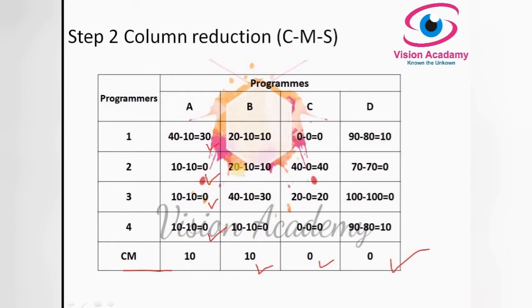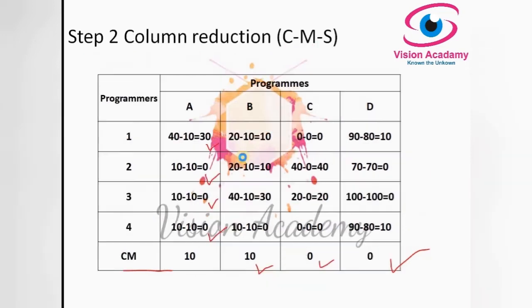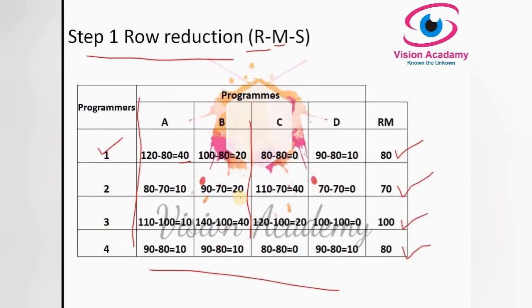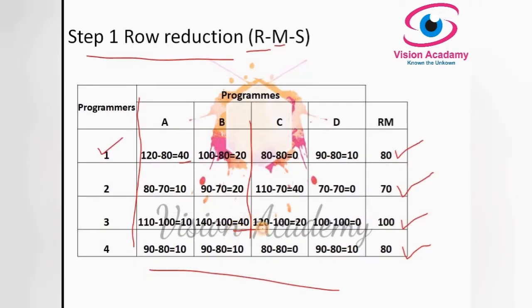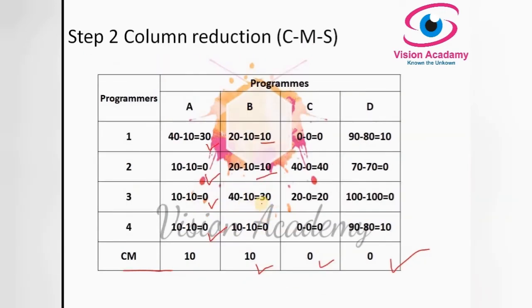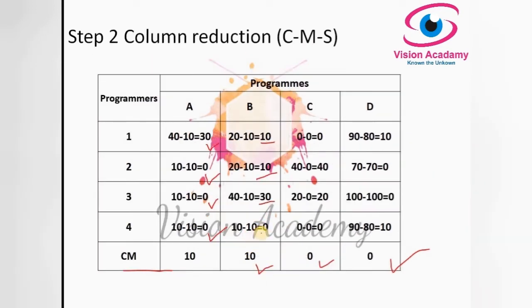So let's go into the second column. In the second column, we have already identified the column minimum, so let's subtract it from the other values. 20 minus 10 is 10. The second one, 20 minus 10 is 10, 40 minus 10 is 30, and 10 minus 10 is 0.